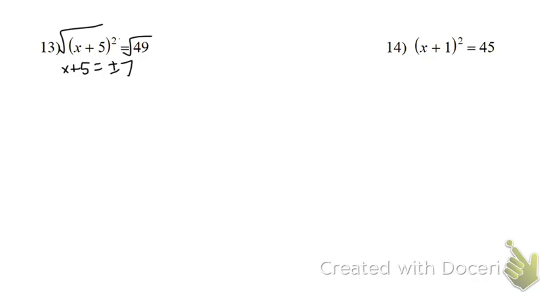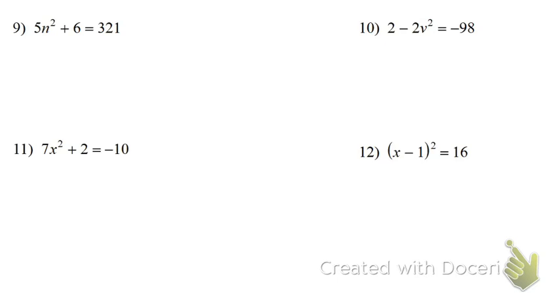Subtract 5 on both sides, which means it'll become a negative on the right side. So x equals negative 5 plus or minus 7. So that means x equals negative 5 plus 7, which is 2, and negative 5 minus 7, which is negative 12. So I have two answers, 2 and negative 12.